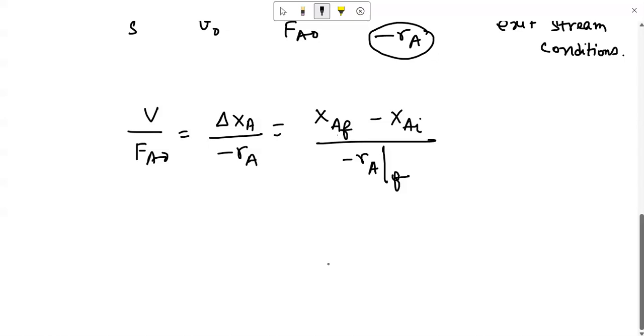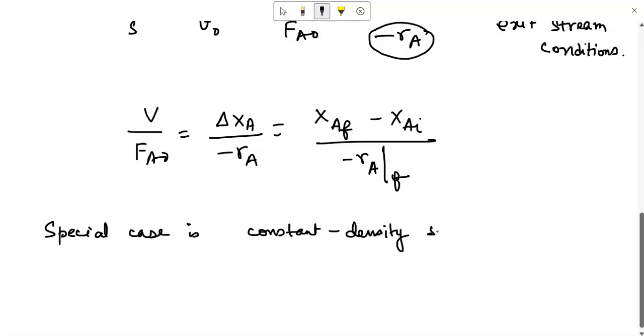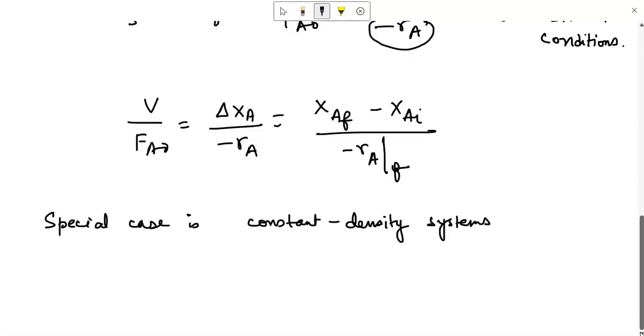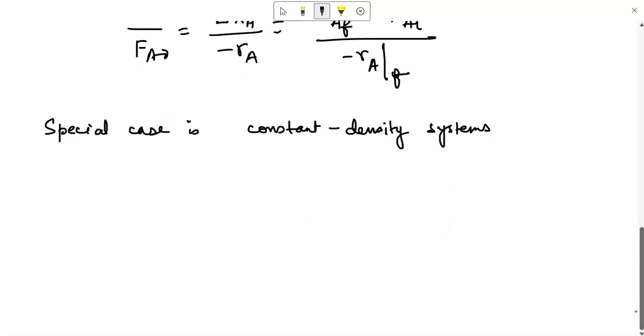Now, a special case is when you have a constant density system, that is for most of the liquid phase reactions and some gas phase reactions. So in that case you can relate Xa equals 1 minus Ca by Ca0, right?